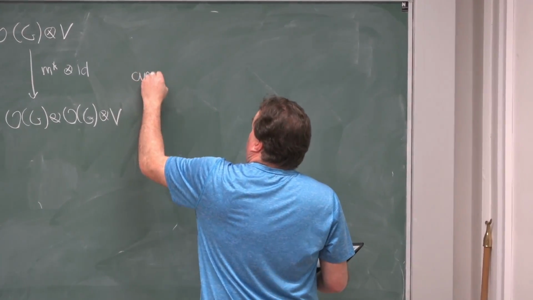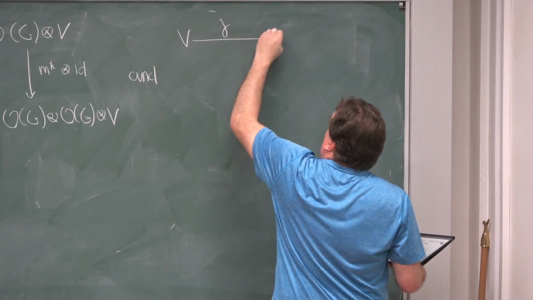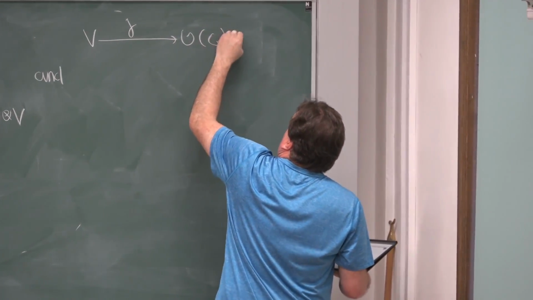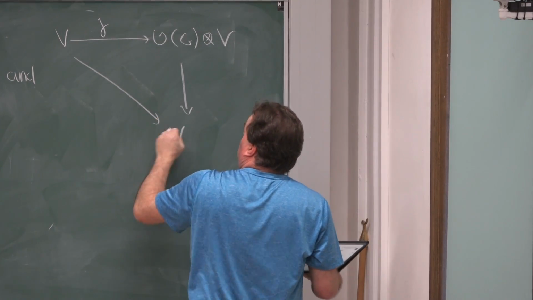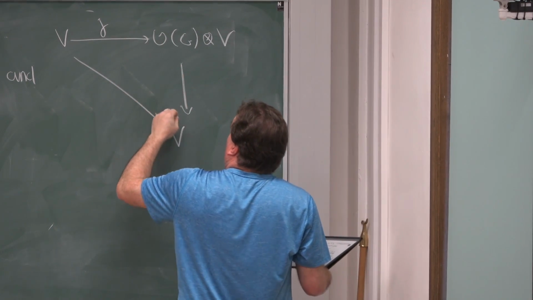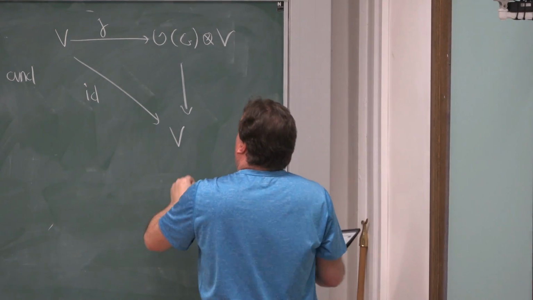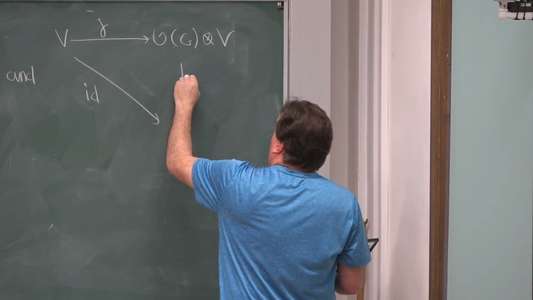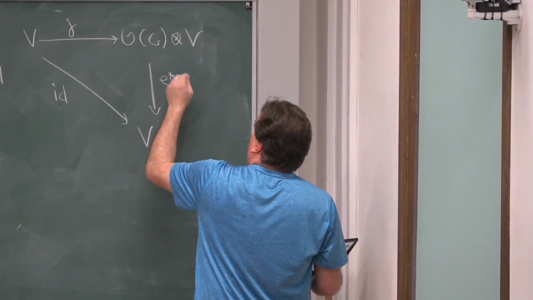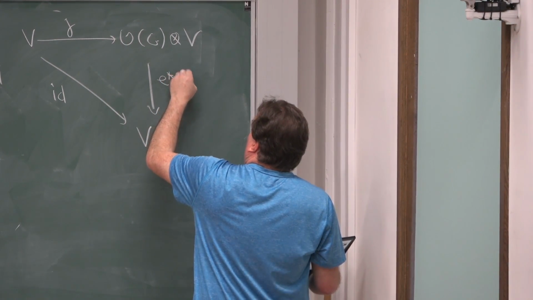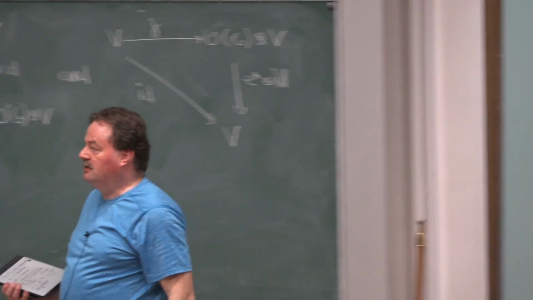And the other axiom is as follows. So we have this gamma. Here I have identity, and here I have E star tensor identity on V. So what do I mean by E star?